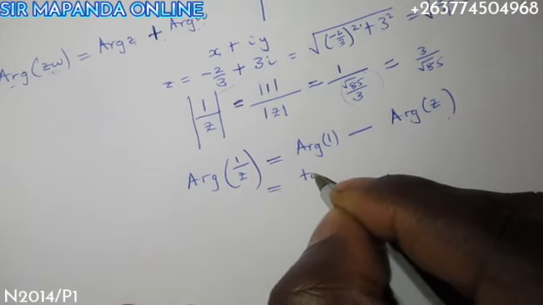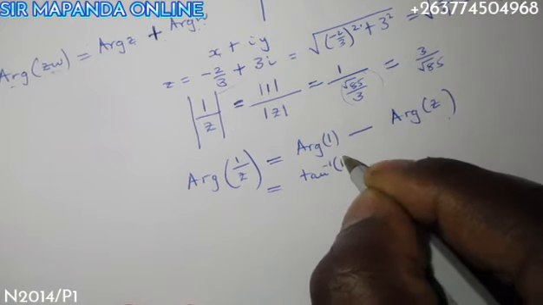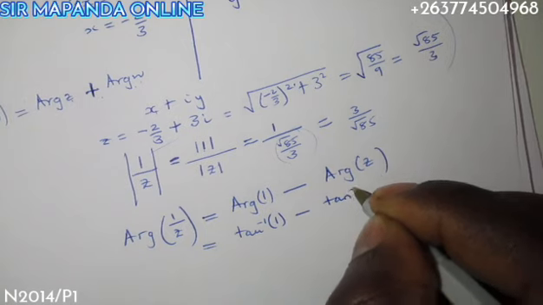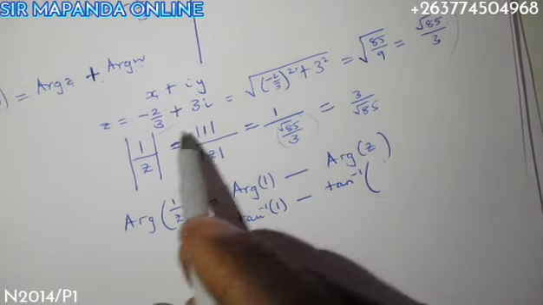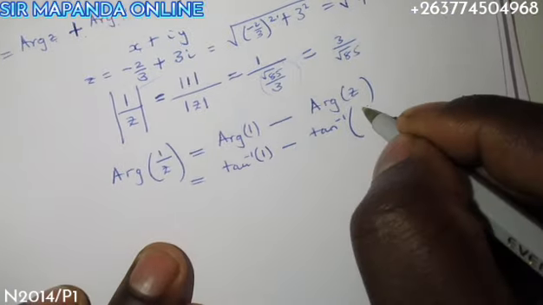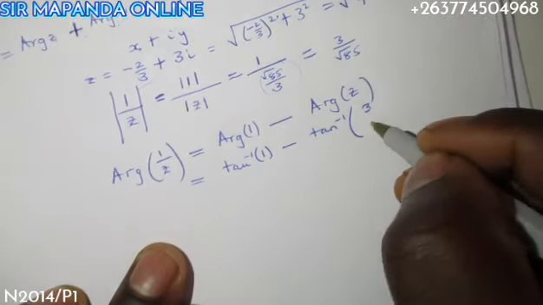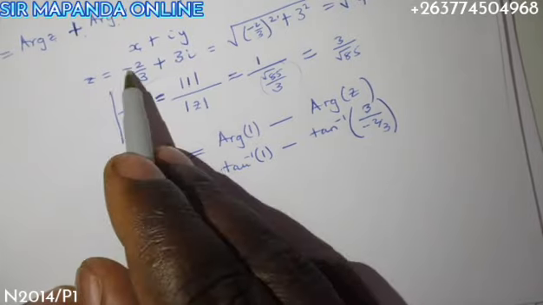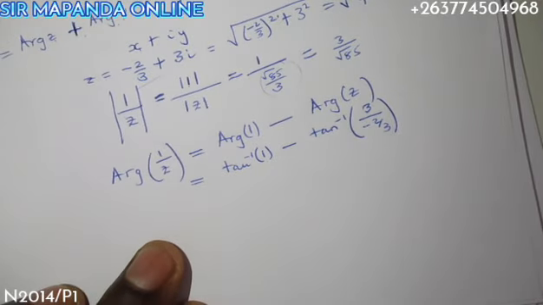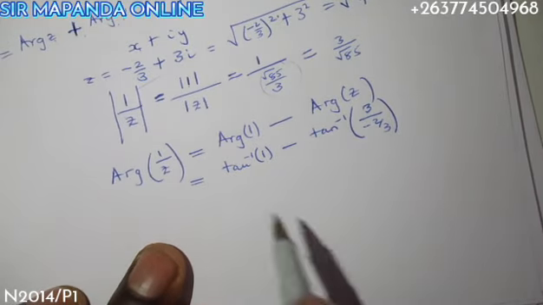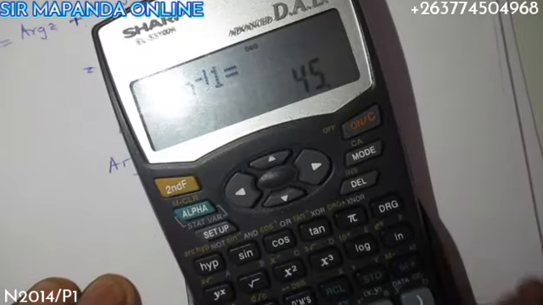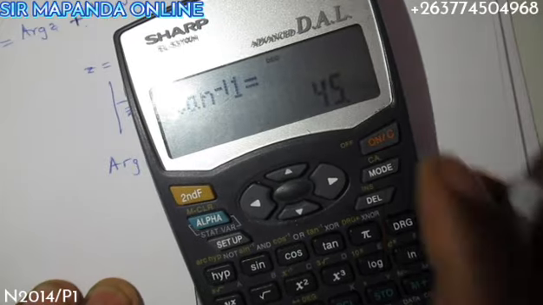So here we need arctan of 1 minus arctan of z. For z, you are saying 3, the number in front, divided by minus 2, the number before. So what is arctan of 1? Arctan of 1 gives you 45.